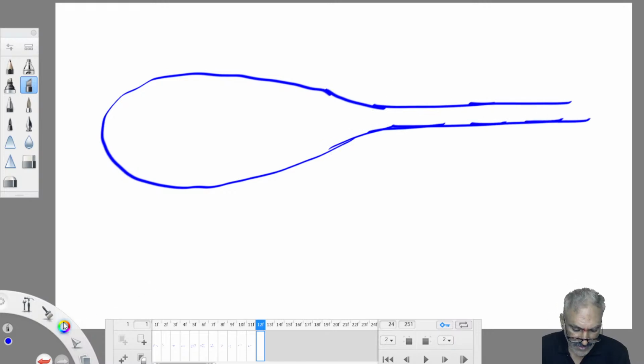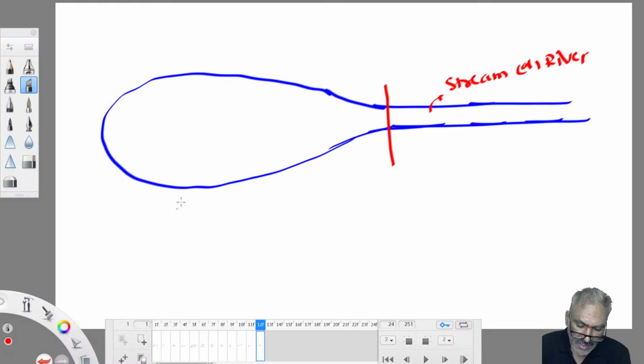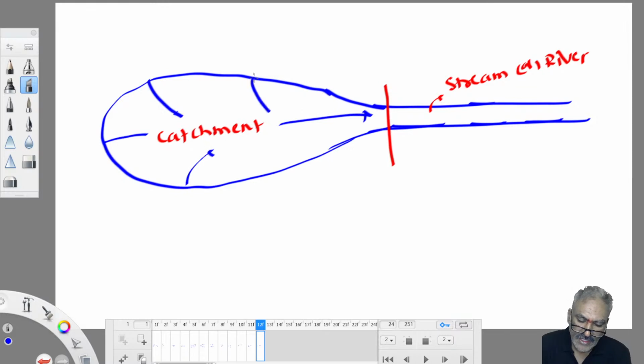Where a catchment terminates, a stream originates. In this catchment, runoff from different portions is collected and ultimately drained into a stream. Ultimately this whole runoff is delivered from the catchment into the stream.